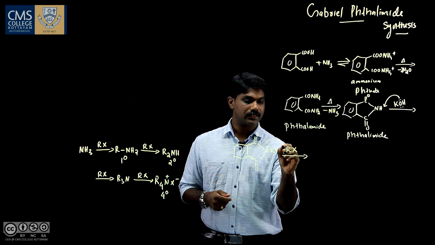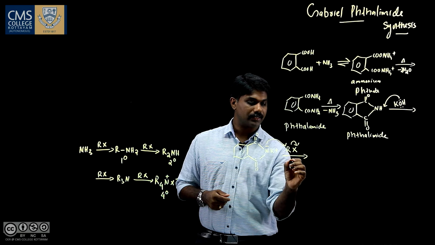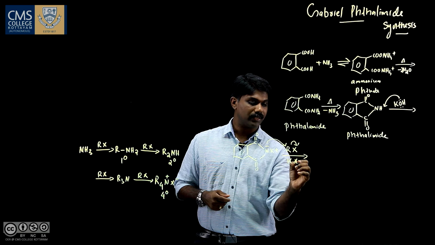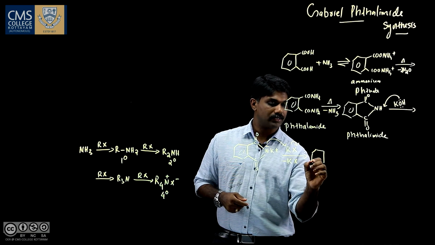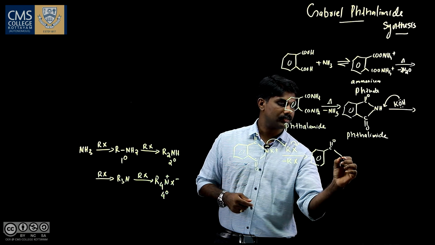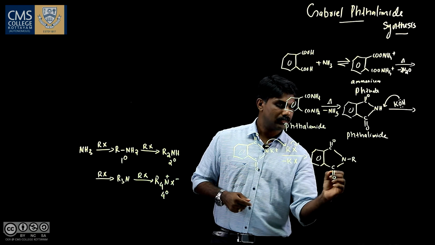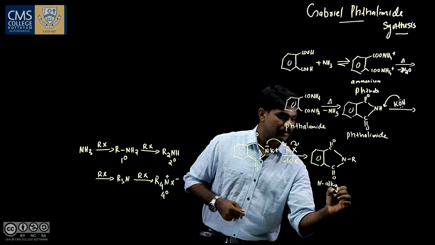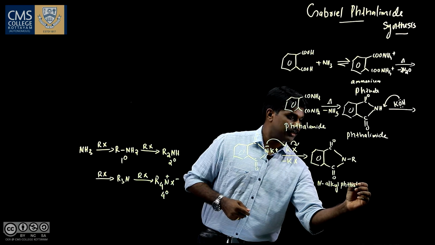The negative charge attacks here and X minus gets eliminated, and we get K plus X minus, that is KX. The product formed is N-alkyl phthalimide.